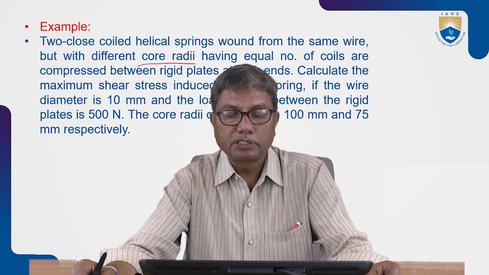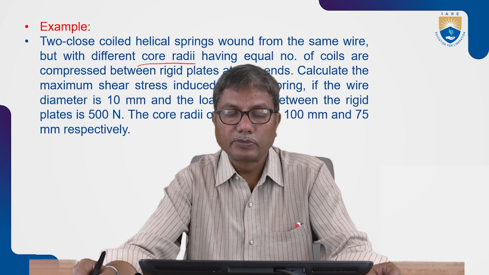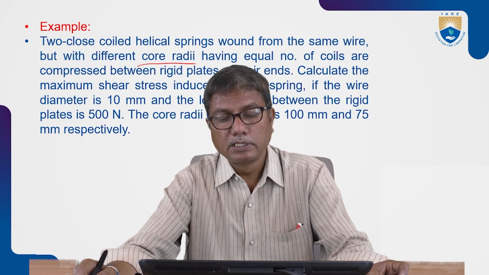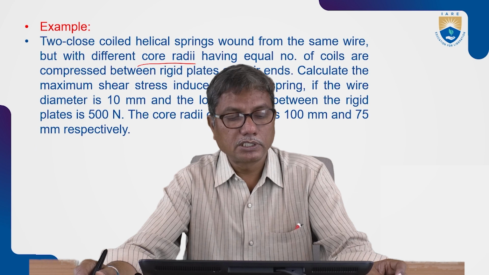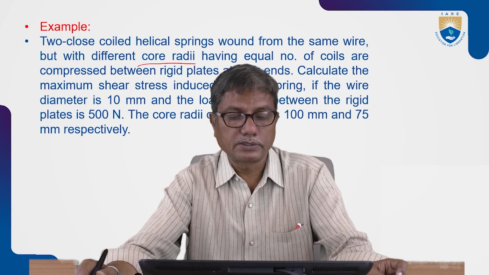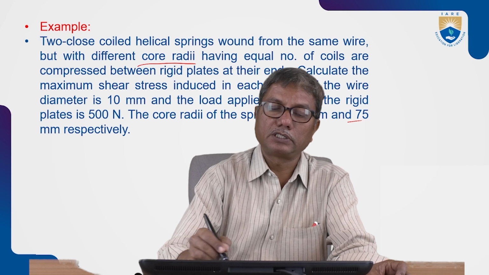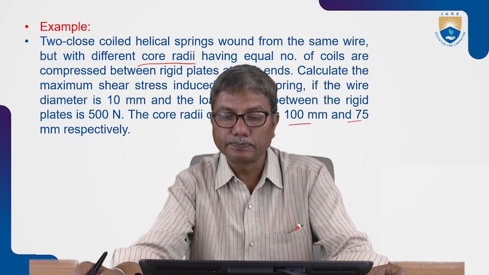Calculate the maximum shear stress induced in each spring if the wire diameter is 10 mm for both the springs and the load applied between the rigid plates is 500 newtons. The core radii of the springs are 75 and 100 mm respectively.